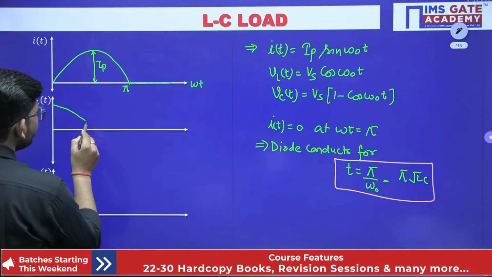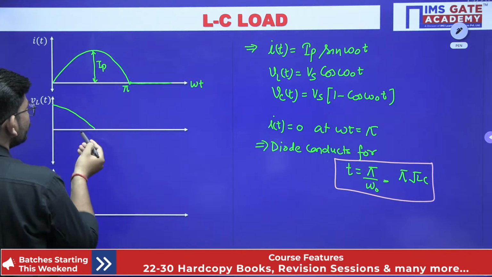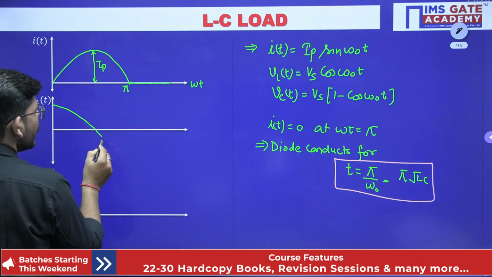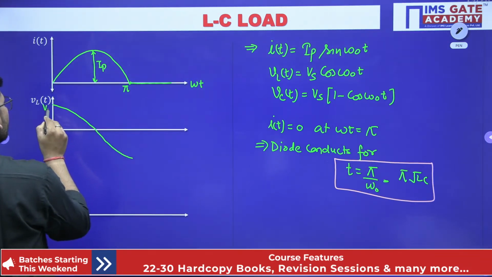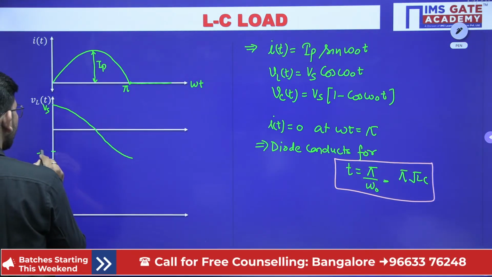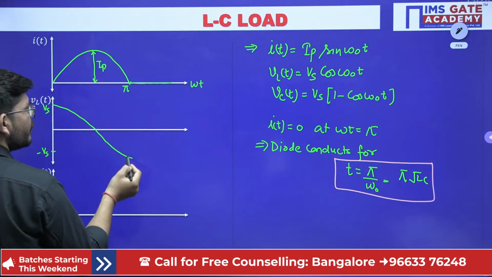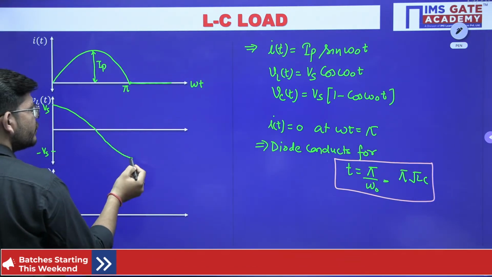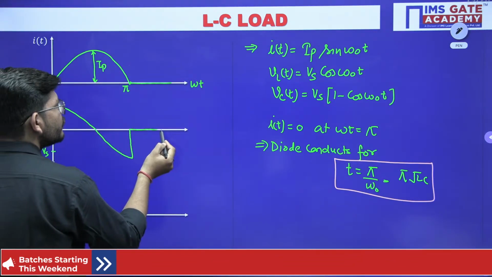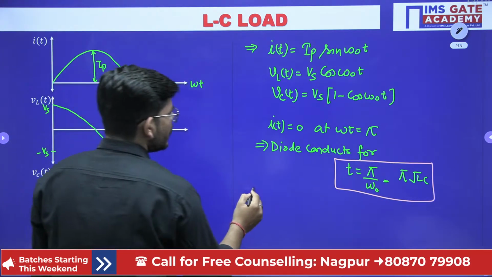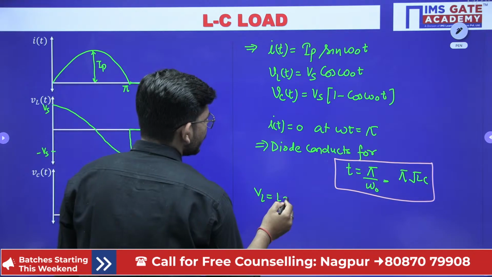When we reach the moment pi by 2, the voltage will become 0, and at the moment pi the voltage will become negative. So it is plus Vs and this is minus Vs. When we reach pi, the current has become 0, and at that moment the inductor voltage will also become 0, because ultimately the inductor voltage is L di by dt.